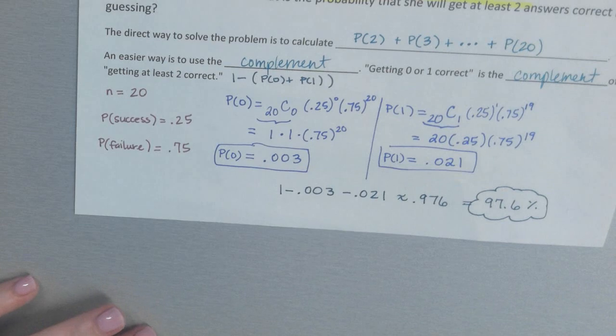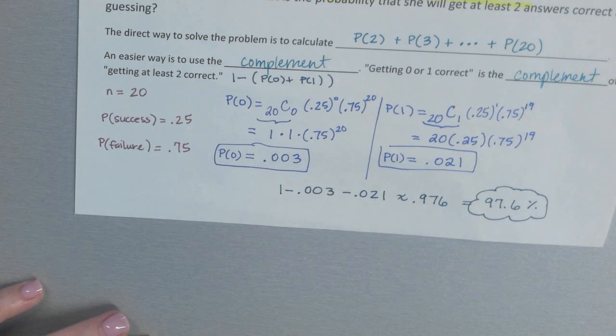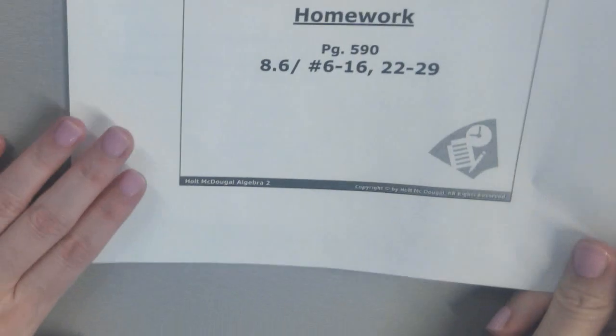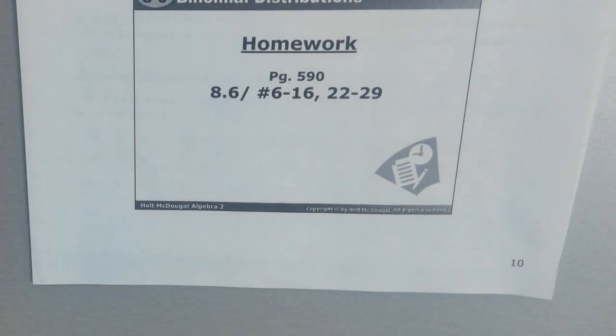Why isn't the probability 100%? Because what if you just make the whole test level 1? For 100% it has to be a certainty.